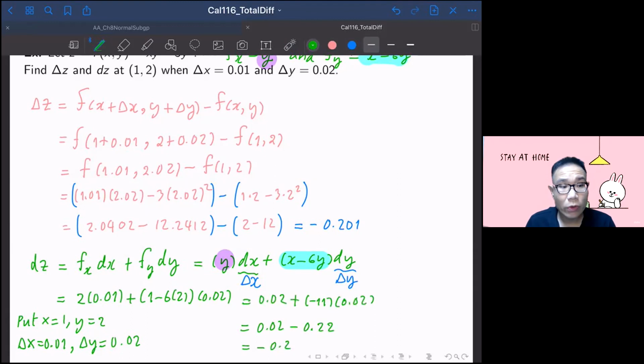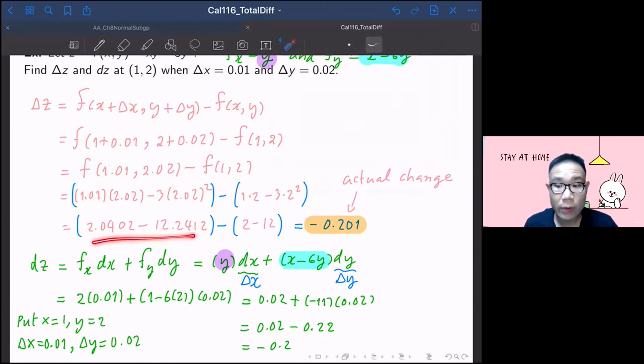Okay, so you can see the comparison that you have for the first term, the final answer is the actual value. So this one gives us the actual change. However, it's kind of messy to compute down here.